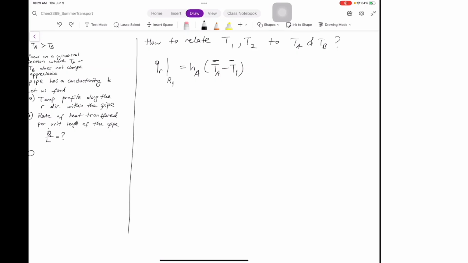So it's just because of the direction. When TA is larger than T1, I should get a positive value. When TA is smaller than T1, I should get a negative value, which is in the correct radial direction, right? When TA is larger than T1, the flux should be outside.